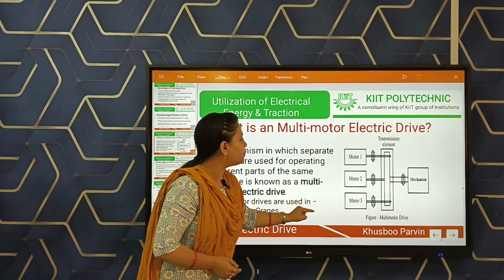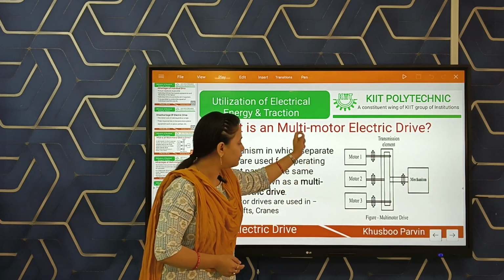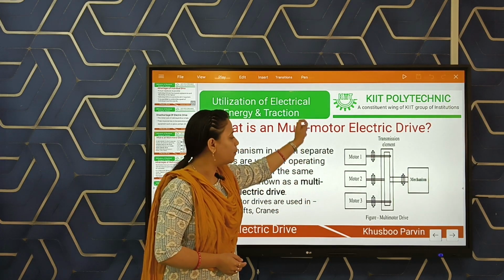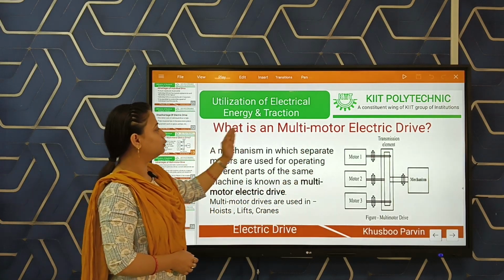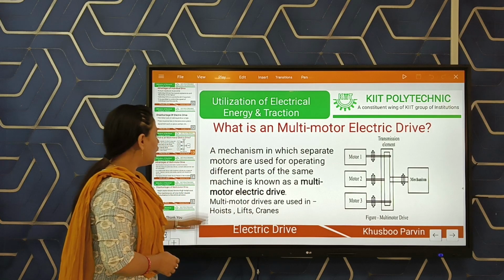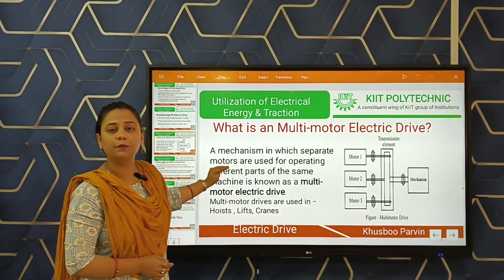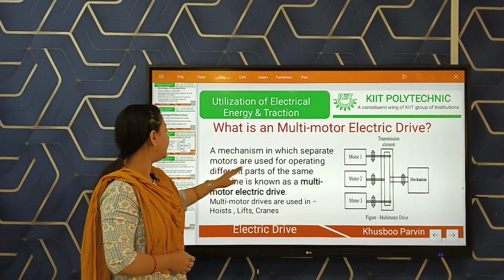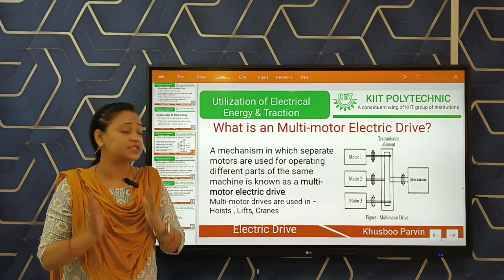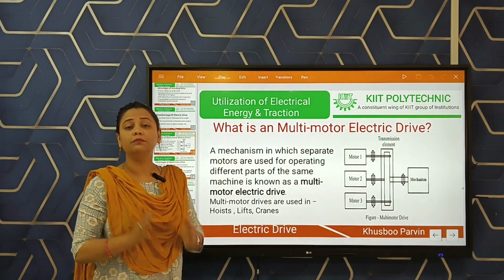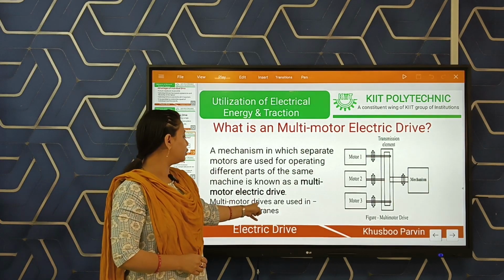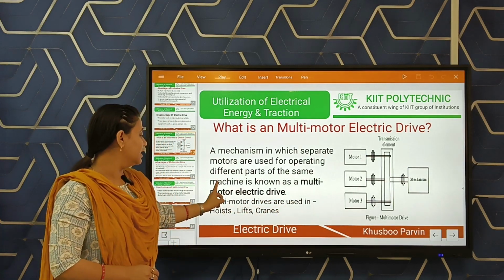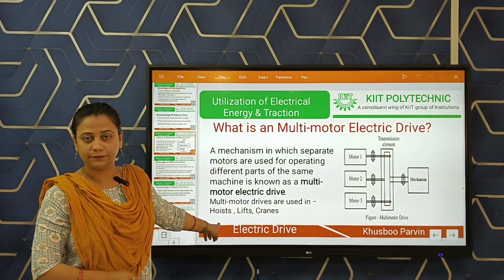A mechanism in which a separate motor is used for operating the different parts of the same machine is known as a multimotor electric drive. Examples of multimotor electric drive are crane, lifts, hoist, etc.